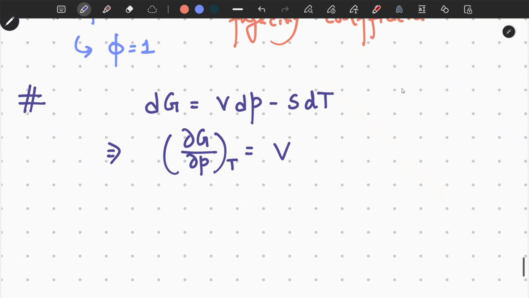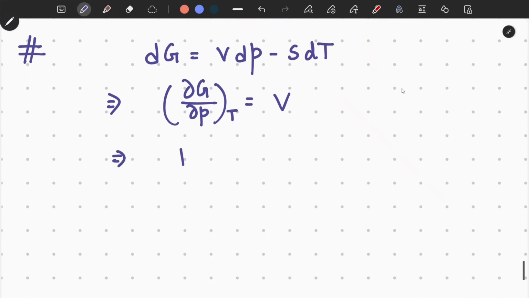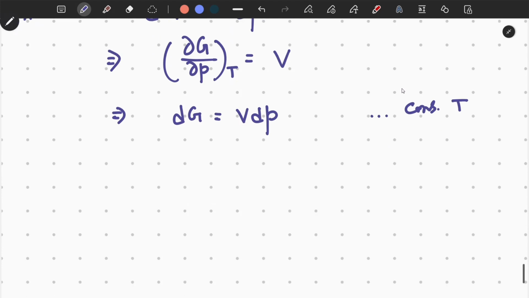This is correct. For a constant temperature process, dG is equal to VdP. And for 1 mole, you can write it.